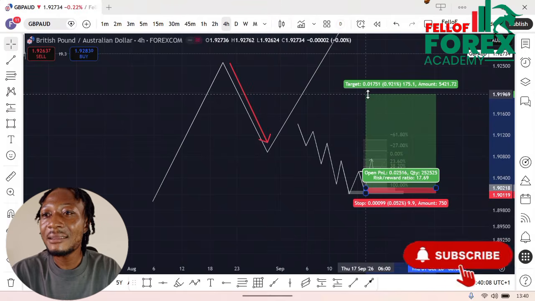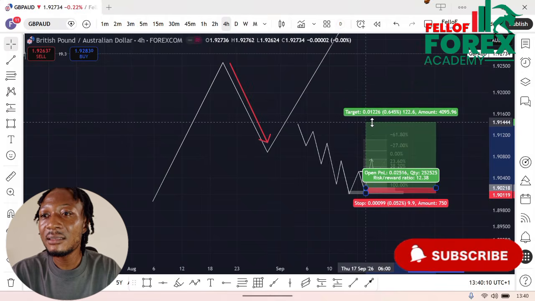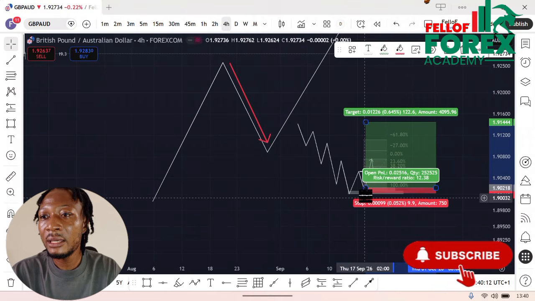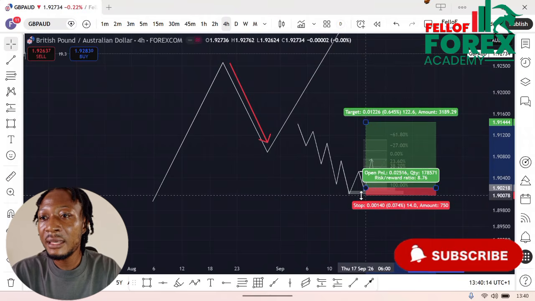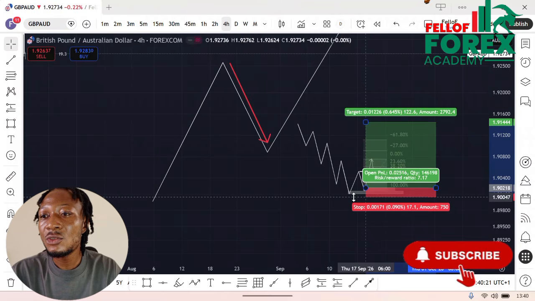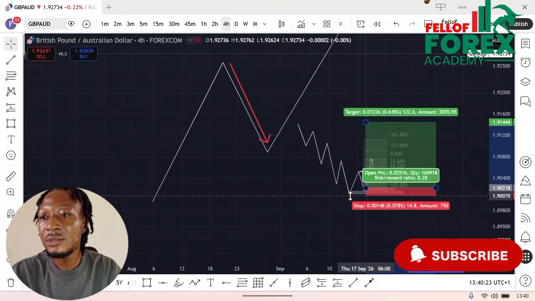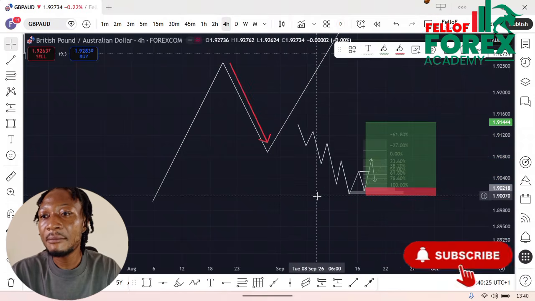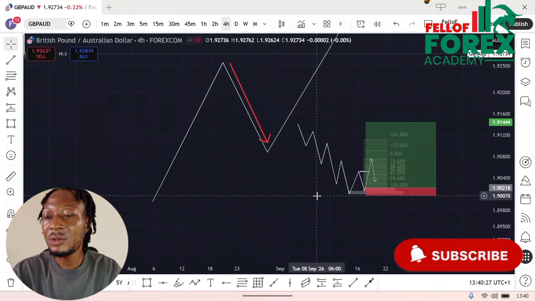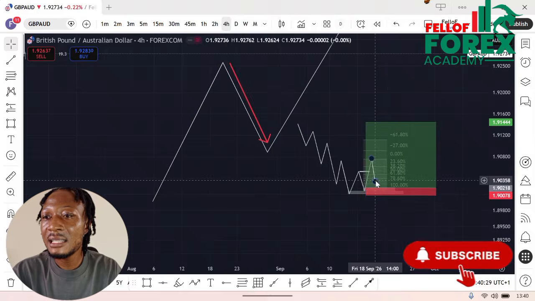You can decide to target where price started the pullback, okay? And then you have a tight stop loss. This is a 14 pips stop loss, targeting 122 pips, okay? So you can use something like this. And then that's a sniper entry, okay? That is a sniper entry.